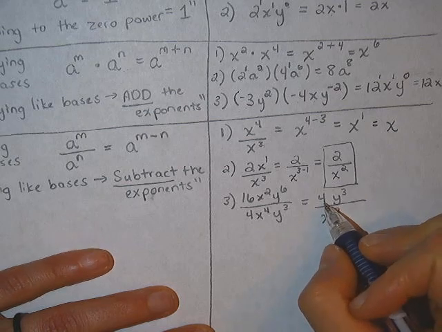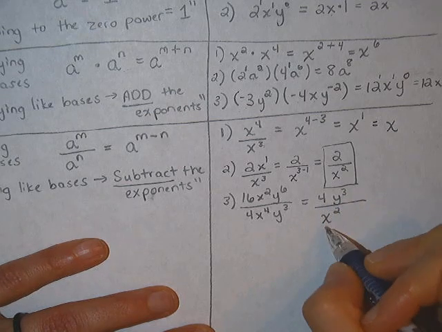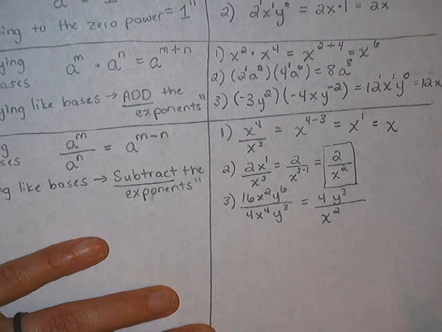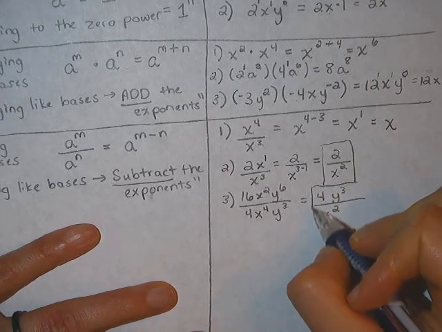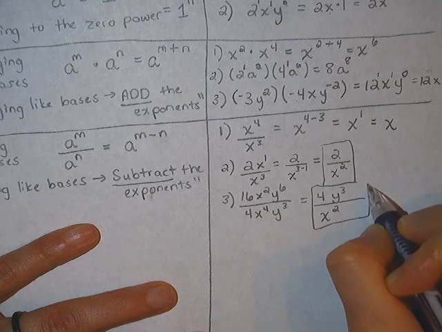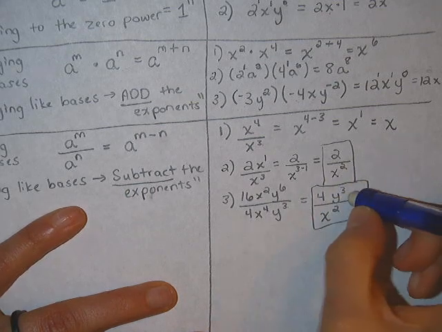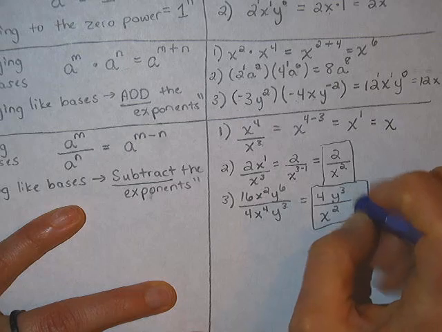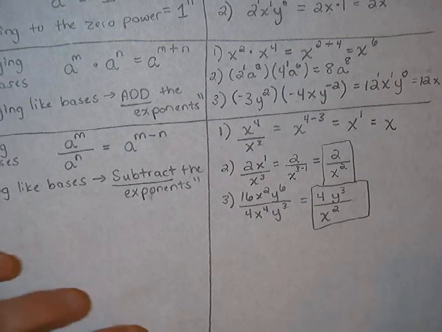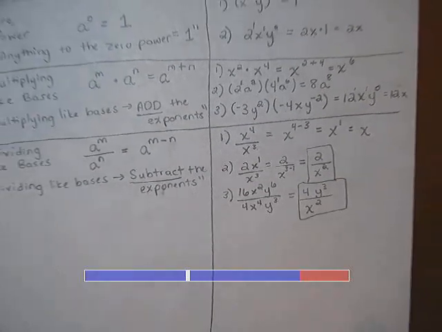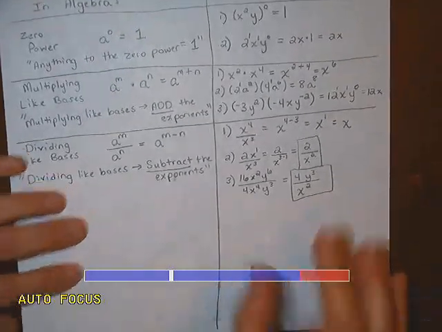Well, you've got 4y to the third over x to the second. There's no more numbers to simplify. There's no more like bases that need to be simplified. So then that is as far as you go. And if you have extra fraction going on that you created, you can always erase it. Okay, next exponent rule here.